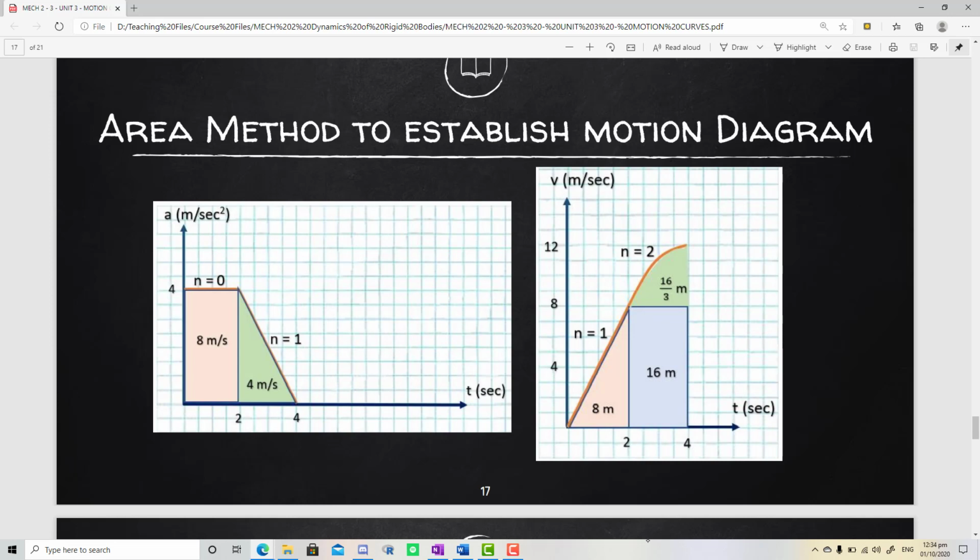Okay, and then next, remember that the areas here are referring to the changes. So we will not start with 0 again. We will start at 8. We will just add the value of the area. So we start at 8 meters per second, and after 4 seconds, the area is 4 meters per second.